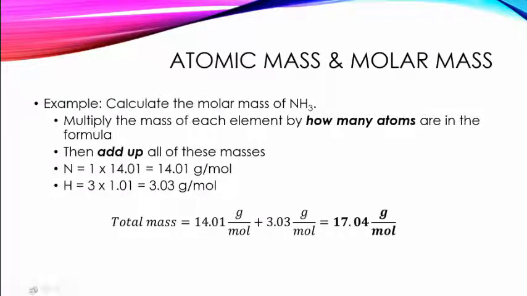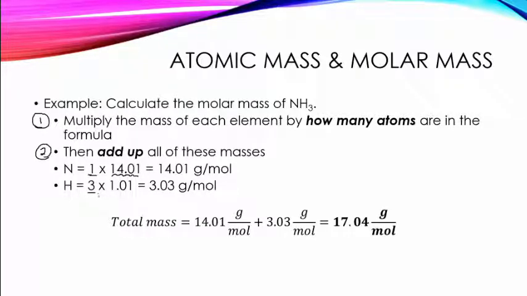Okay, so when it comes down to it, if you want steps, step 1 is to multiply the mass of each element by how many you have. So 2, 3, 1, and then step 2 is to add them all up. Here we have 1 nitrogen atom, and the mass of nitrogen is 14.01. So it gives us a total of 14.01.